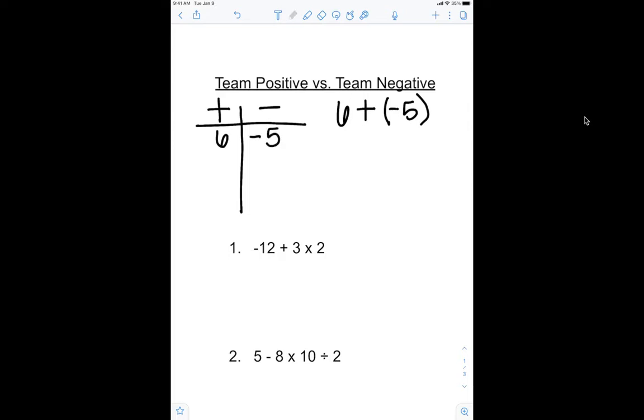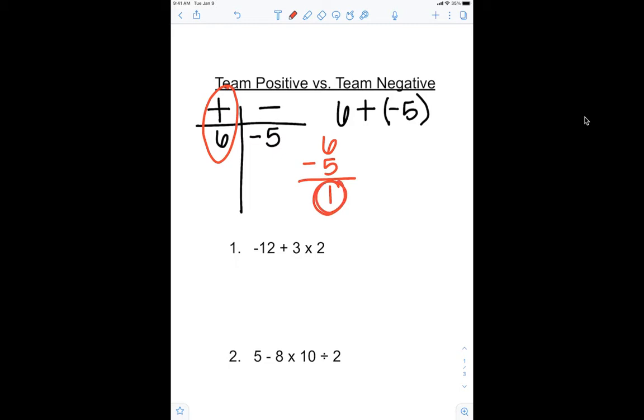Then we ignore the negative signs and ask, is 6 bigger or is 5 bigger? Well, 6 is obviously bigger. If I was on a team and I scored 6 points, I beat the team that scored 5 points. So I take my winner, which was 6, and subtract my loser, which was 5. 6 minus 5 is 1, and then I keep the sign of the winner, which was positive.